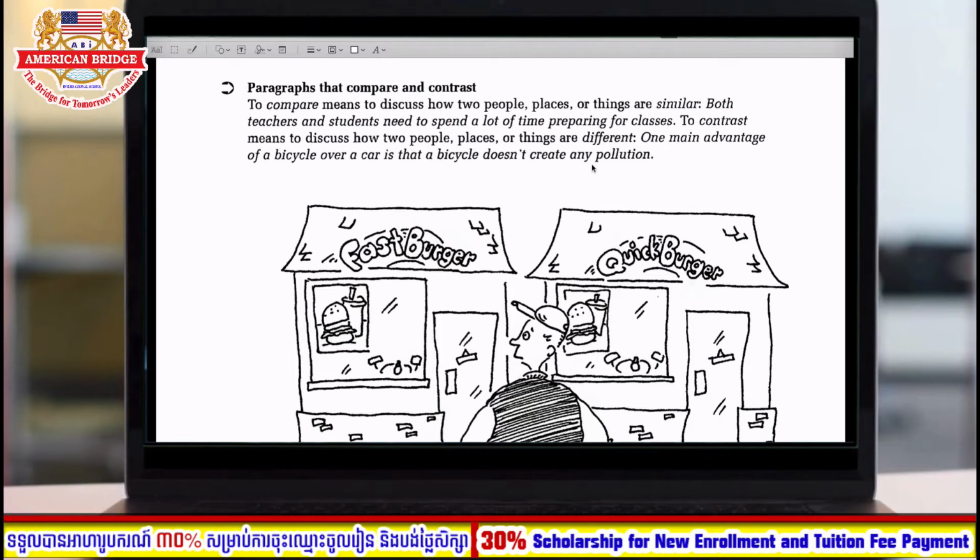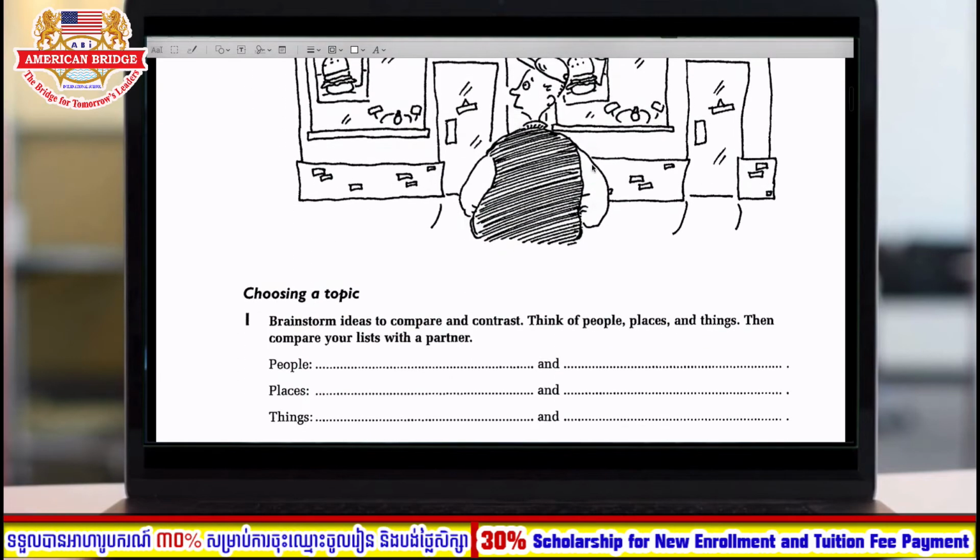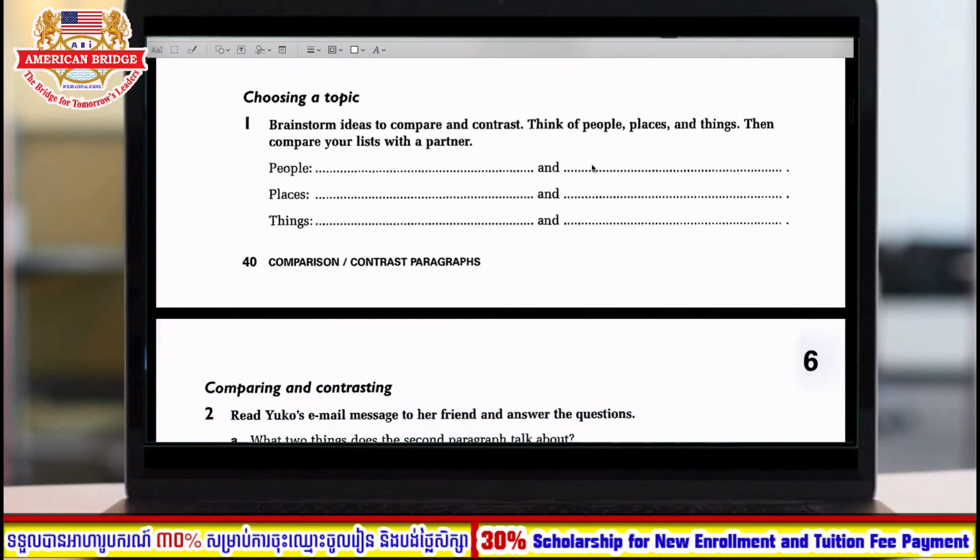Generally, if we talk about the topics of the compare and contrast paragraph, there will be at least two things for you to write about. It can be two people, two places, or two things, and then you try to compare them and find the differences in your writing.